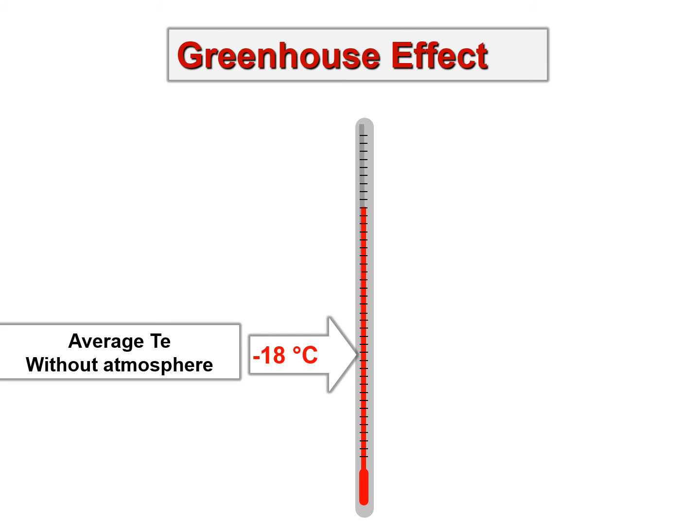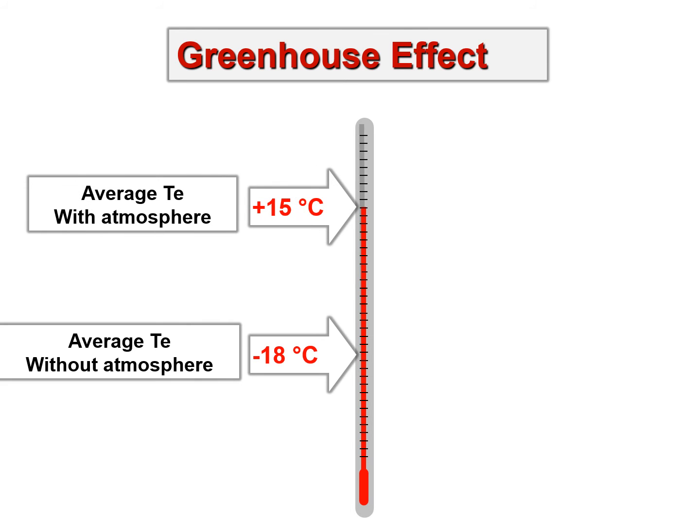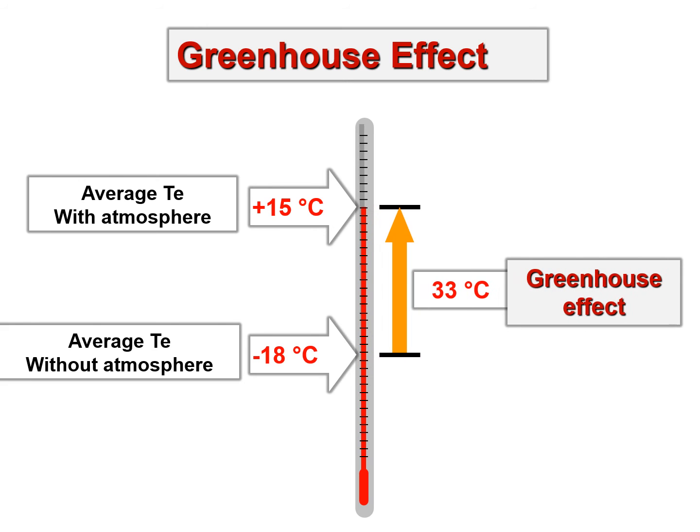That's minus 18 degrees C. With atmosphere, the average temperature is 15 degrees C. What's the difference between them, with atmosphere and without atmosphere? Totally 33 degrees C.